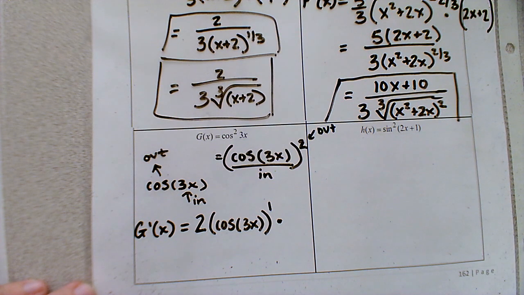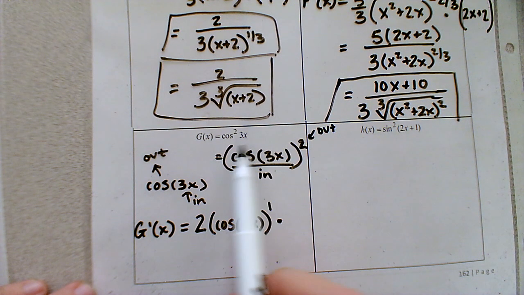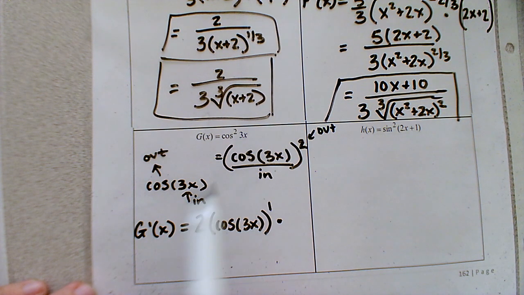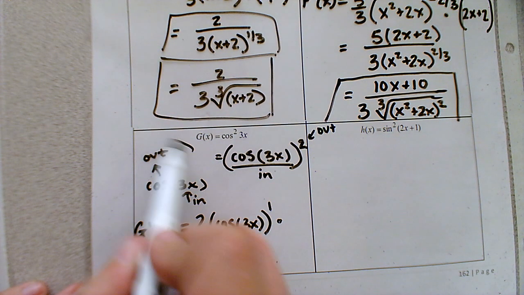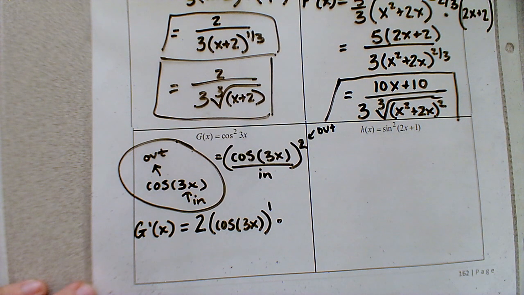So this is when it can get pretty good because we're already in the chain rule process, but in order to finish it by taking the derivative of the inside, we're going to have to do another chain rule. So here's the derivative of the initial outside, keeping the inside, and then we've got to multiply by the derivative of the inside, which involves another chain rule process.